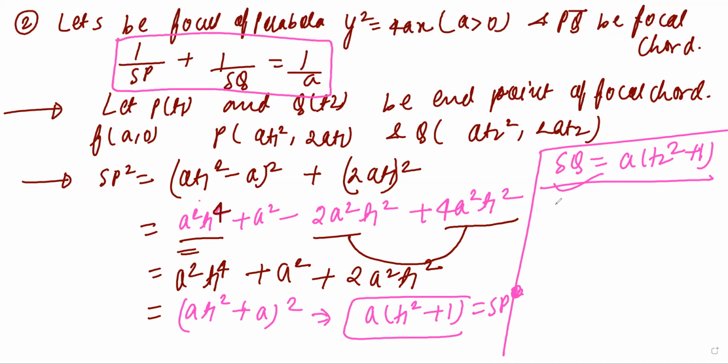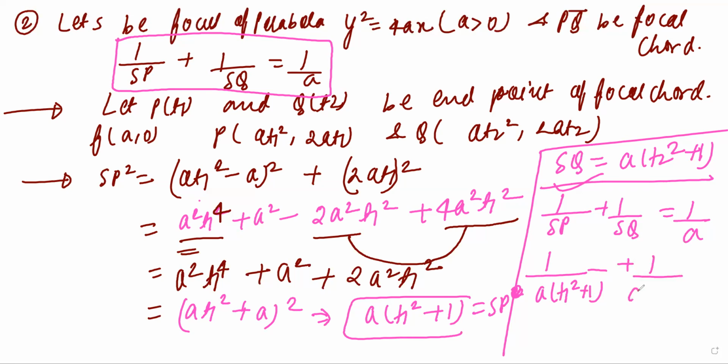The relation is 1 upon SP plus 1 upon SQ is equal to 1 upon a. SP is a (t1 square plus 1), so 1 upon a (t1 square plus 1) plus 1 upon a (t2 square plus 1) is equal to 1 upon a. So take the LCM, where a is common.